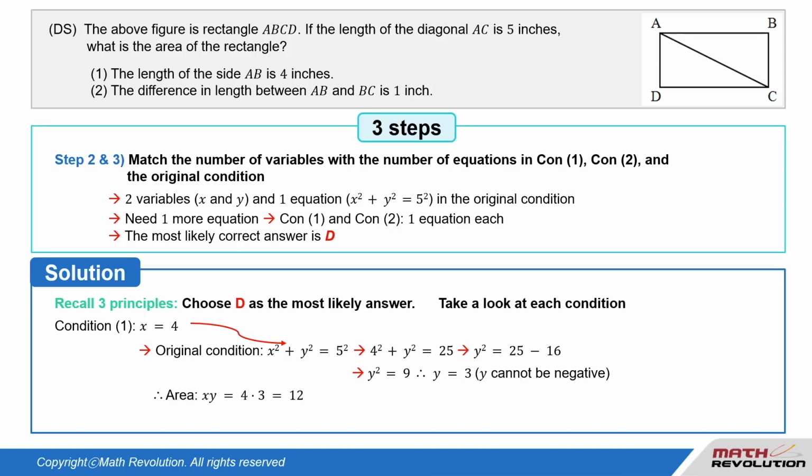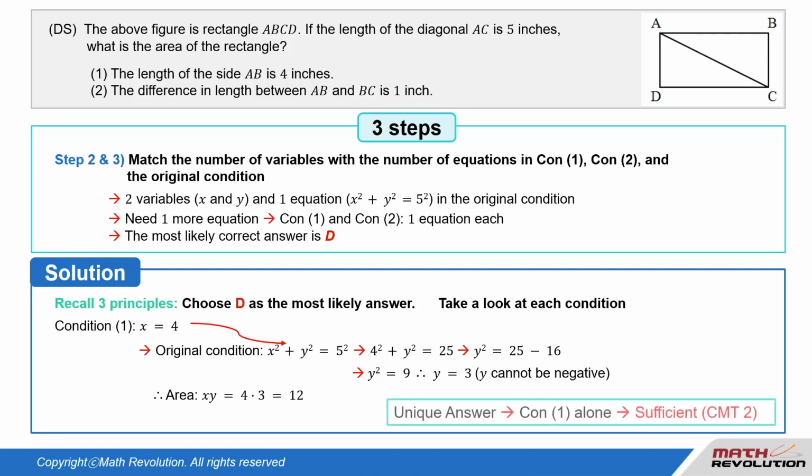Therefore, the area equals xy, which equals 4 times 3, which equals 12. The answer is unique, so the condition is sufficient by the common mistake type 2, which means that the number of answers must be 1.